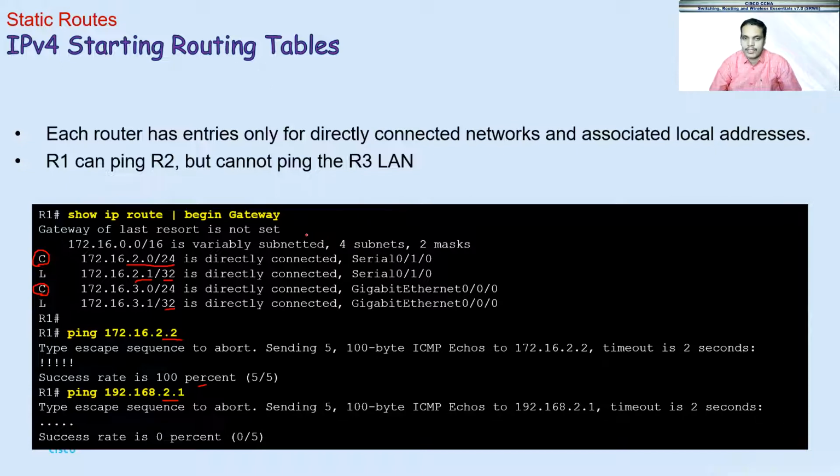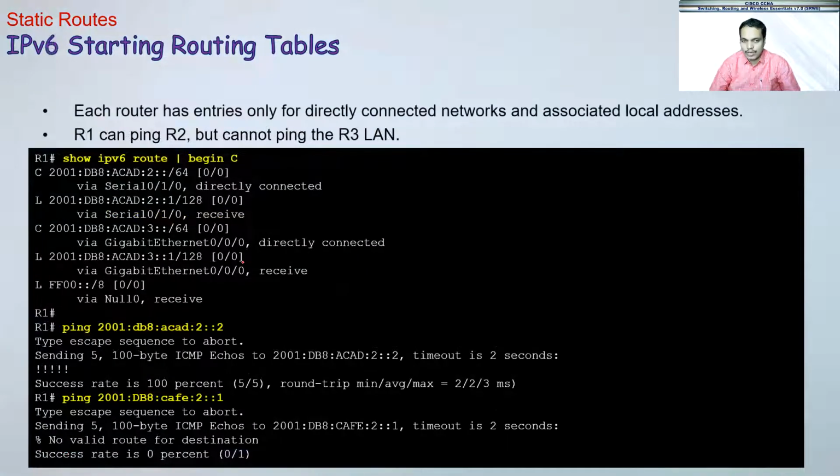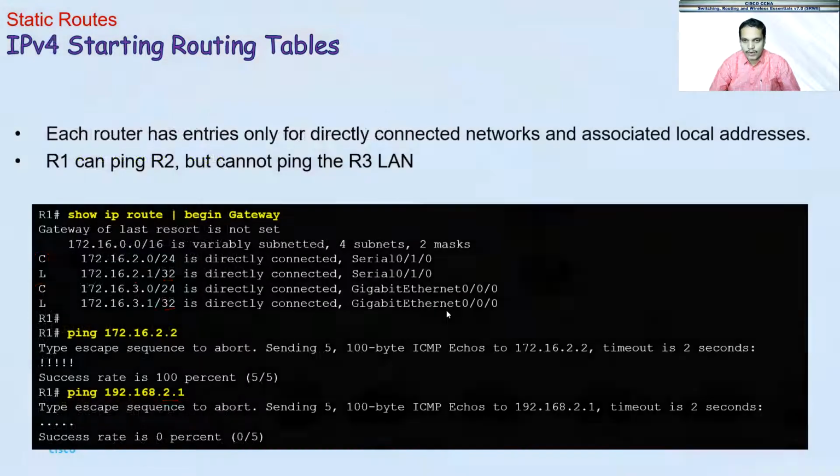They only have the corresponding entries for the directly connected networks. The same thing holds good for IPv6 also. When you want to check the IPv6 routing table, we need to type show ipv6 route and begin C. You can see that these are the two directly connected networks here, and both the local routes for the IPv6 networks are also mentioned over here. If you want, I can quickly scroll back.